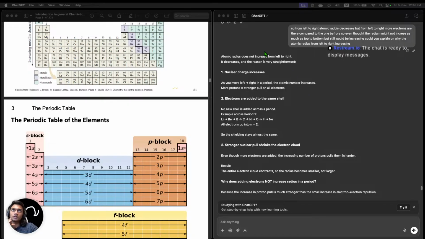Atomic radius does not increase from left to right, it decreases. The reason is very straightforward. Nuclear charge increases. More protons. Okay, I forgot about the protons.